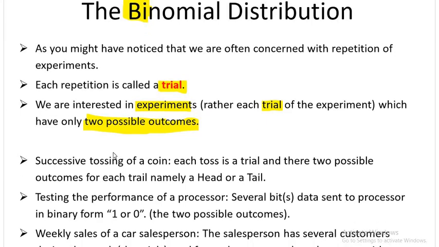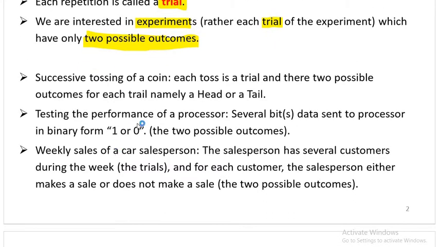For example, if I toss a coin, each toss is a trial and there are only two possible outcomes, which are head and tail. So I can say that tossing of a coin is concerned with the binomial distribution.